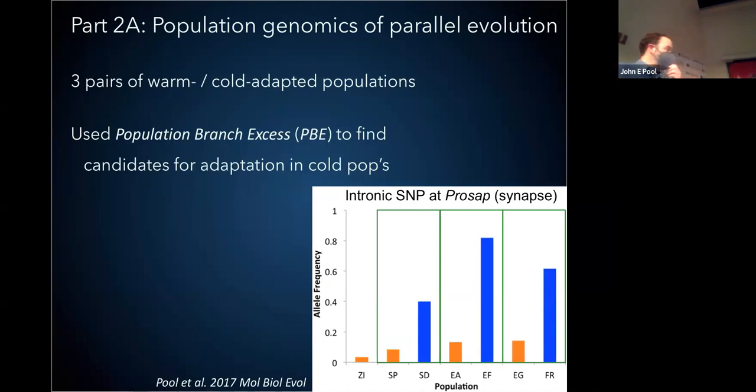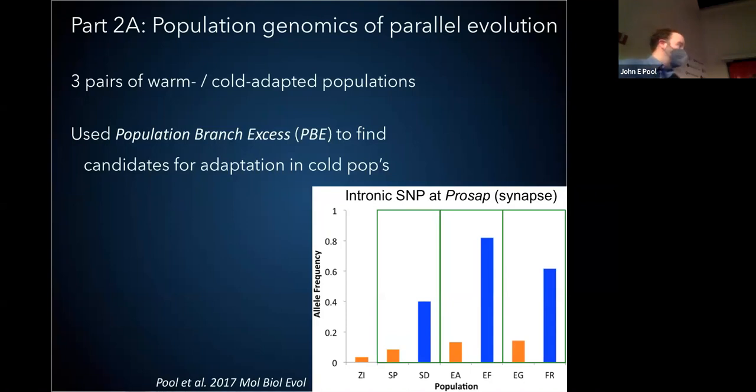So here I'm showing you allele frequencies at a specific SNP in a synaptic gene called ProSAP. In orange, these are the allele frequencies of this particular SNP in each of the warm adapted populations. And in blue, these are the frequencies in their three partner cold adapted populations.